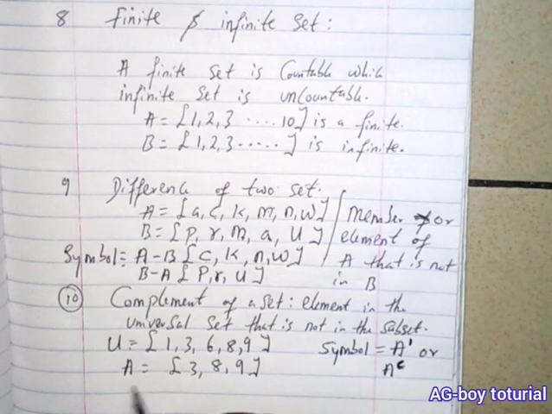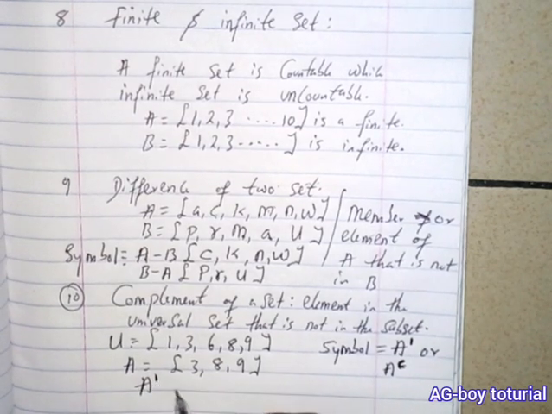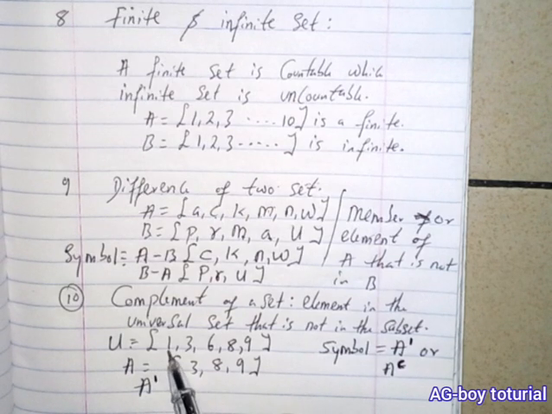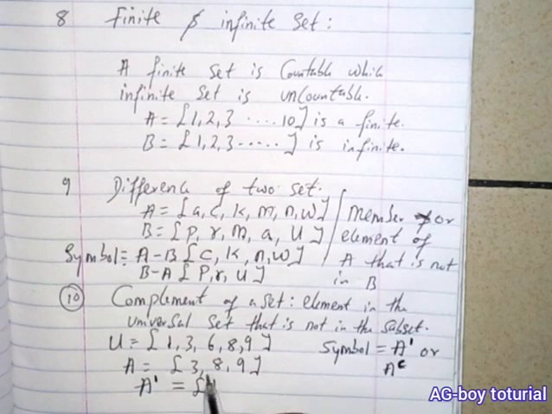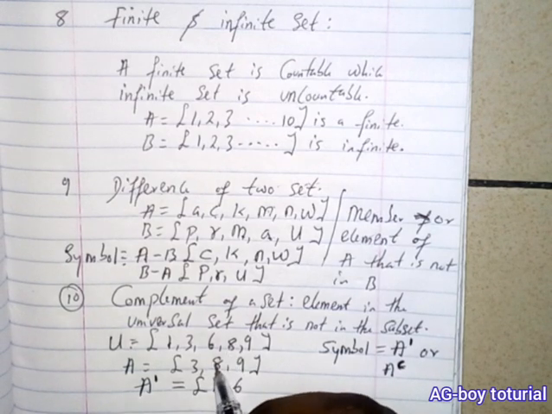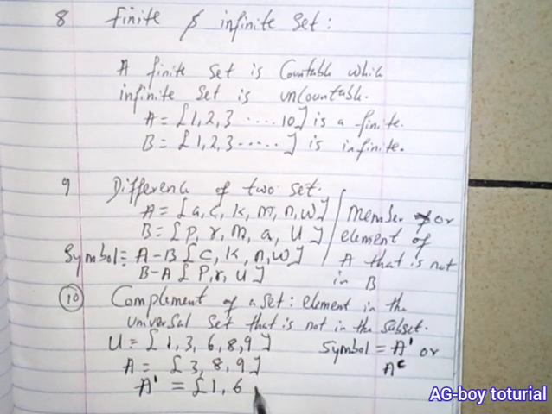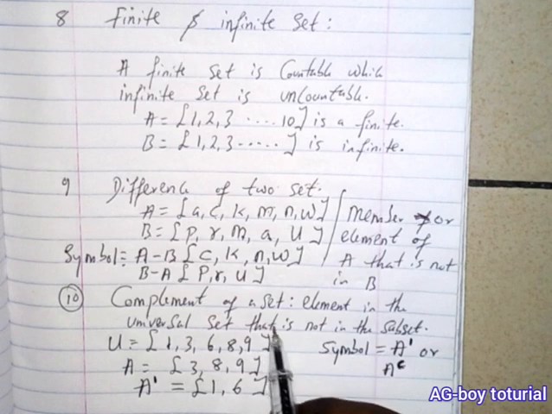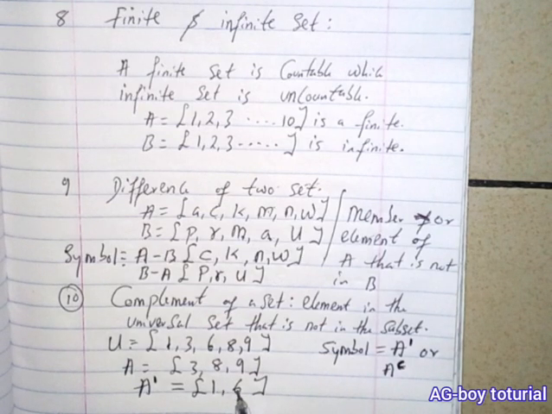So let's say A prime is equal to, now let's do it. There's 1 here and there's no 1 here. It's going to be 1. There's 3 here and there's 3 here. There's 6 here and there's no 6 here. 6. There's 8 here and there's 8 here. There's 9 and there's 9 here. So the complement is 1 and 6. That's the complement.